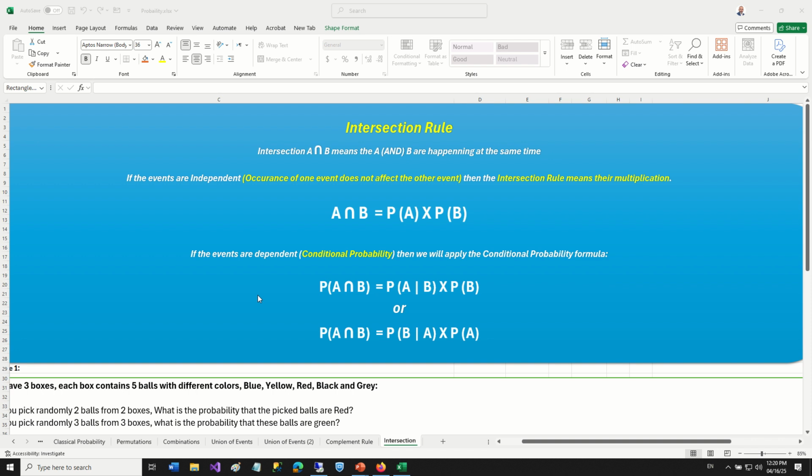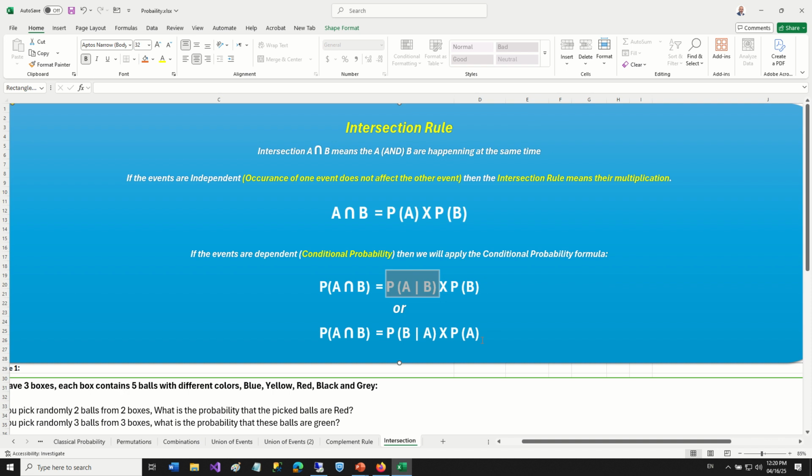If the events are dependent, that is the case of conditional probability, then we will apply the conditional probability formula, which is the probability of A intersection B equals probability of A given B. It means that event A is considered to have occurred given that event B has occurred.